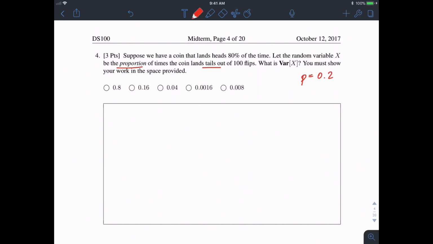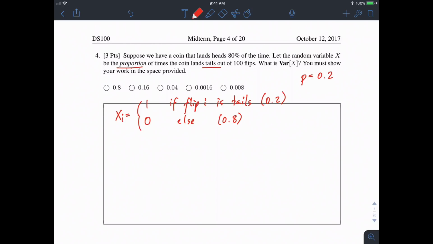Because if the probability that the coin is heads is 0.8, the probability that it's tails is 0.2, right? So what we can do is define this indicator random variable that's equal to 1 if flip I is tails and 0 otherwise, right? And of course it's 1 with probability 0.2, and it's 0 with probability 0.8.